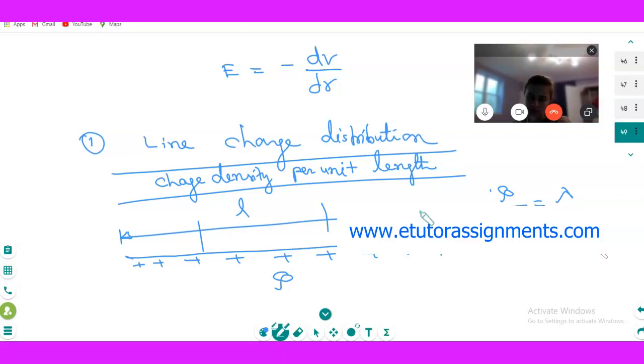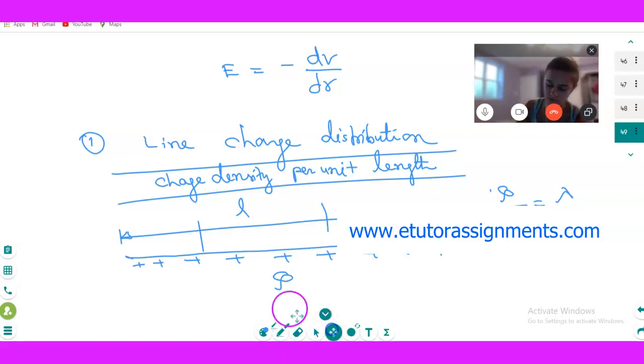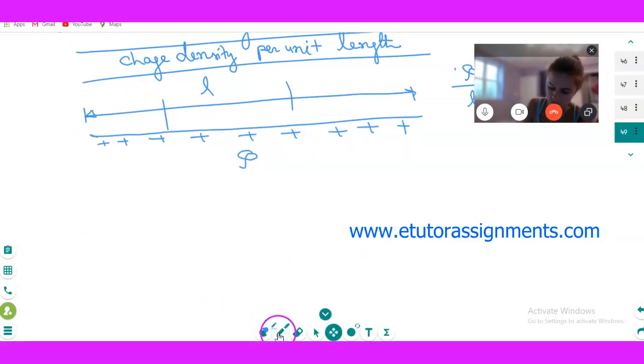The second thing is surface charge distribution. Suppose this is a plane. It may have some area.